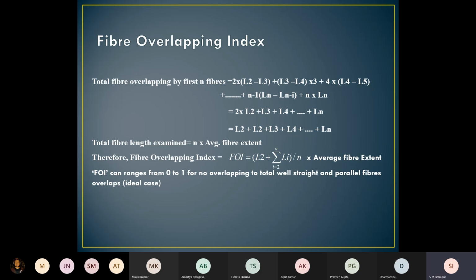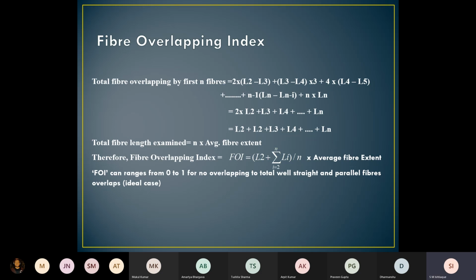Imagine that I have two fibers. In one fiber, the total length of the fiber is 38 mm, and the overlapping length is 23 mm. In another situation, I have a fiber of the same length, but my overlap length is 28 mm.